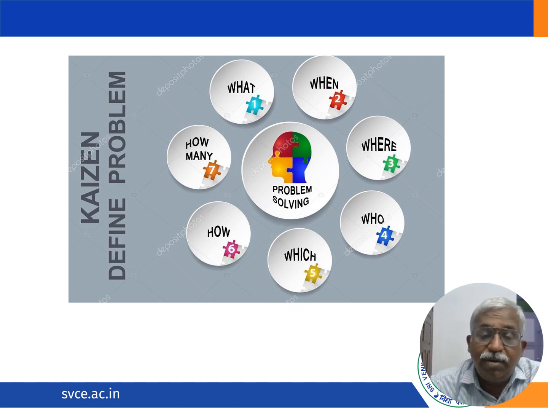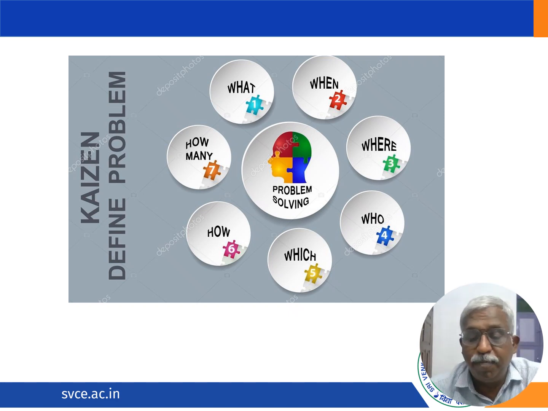Based on that we are defining the problem. From empathize to definition, Kaizen gives continuous improvement. Comparing our previous principle of design thinking with the Kaizen definition, that is also continuous improvement. That's why we put it in a closed loop.